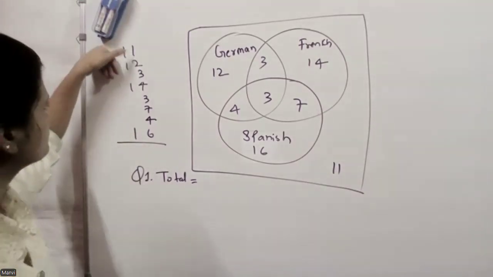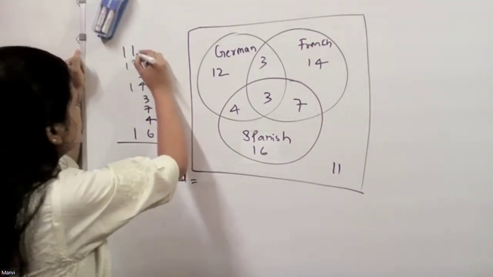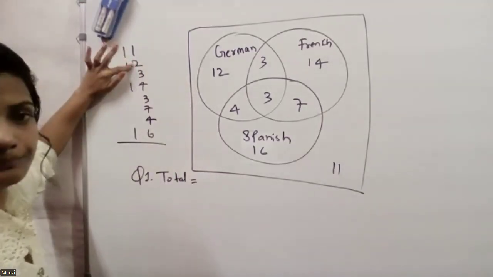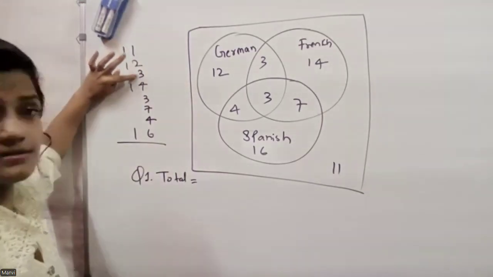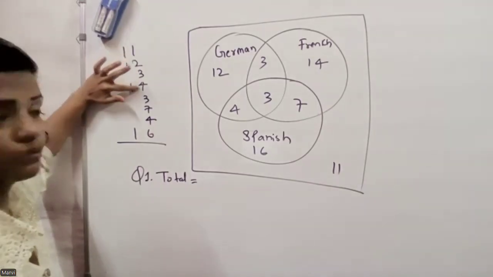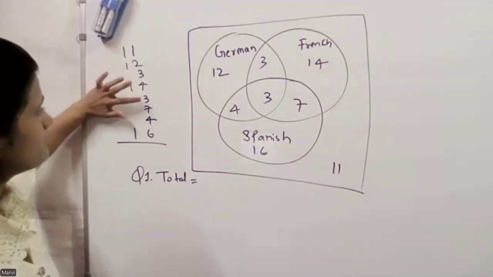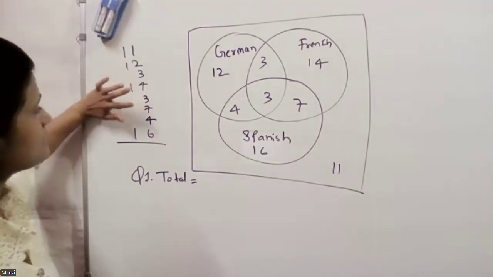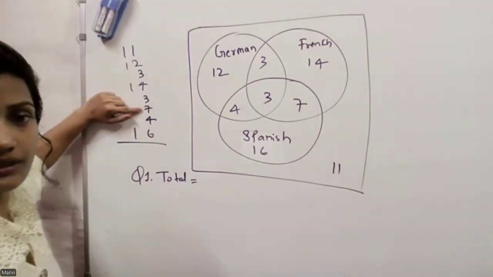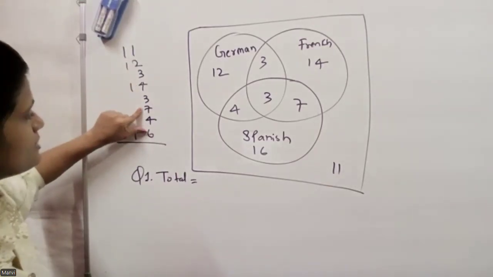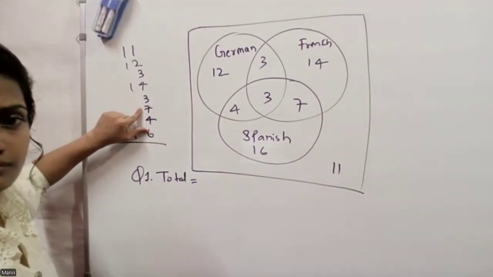No. Okay, we'll add together. 1 plus 2, 3. 6. 6 plus 4, 10. 10 plus 3, 13. Plus 7, 20. 20 plus 6 plus 4 is 30.